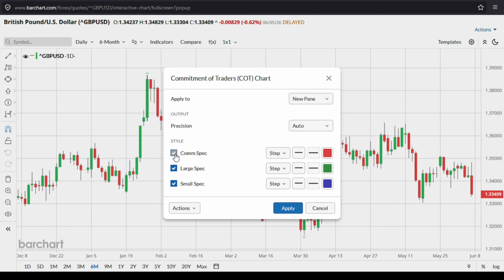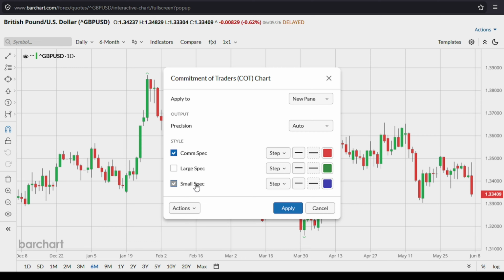On it, the commercial spec represents the commercial traders. These are the producers and the users. Then we have the large specs, which also represents the big banks. Then we have the small spec, also known as small traders, which is you and I and those that don't have enough capital to reach either the big banks or the commercials. And out of these three, we're going to use the commercial spec.